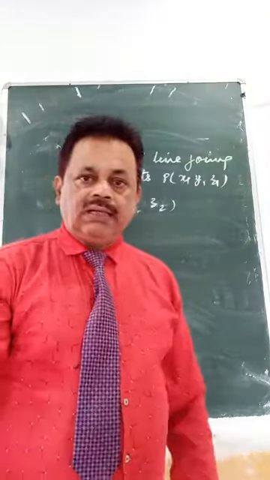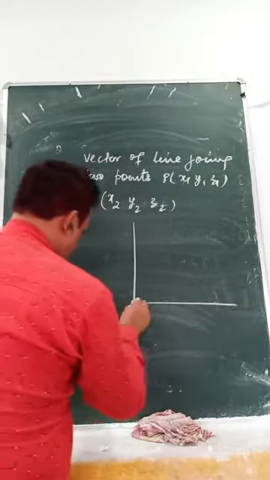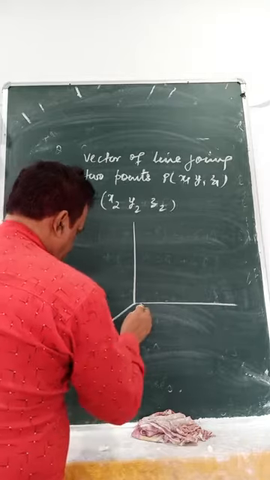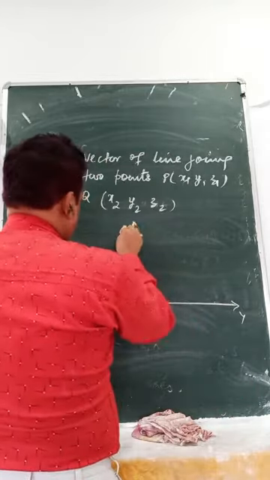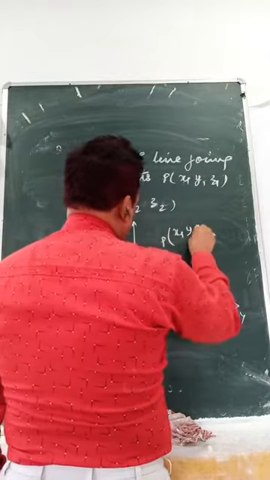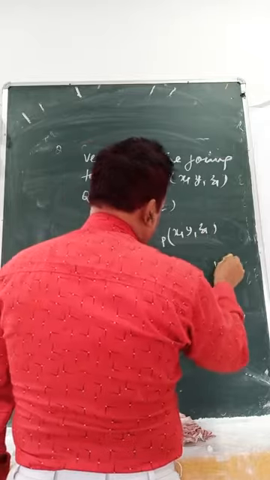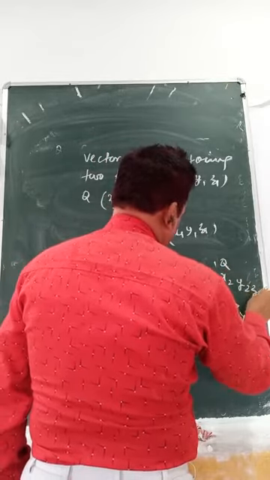So this is a 3-dimensional figure. Look here. Suppose this is the point P, x1, y1, z1. This is Q, x2, y2, z2.